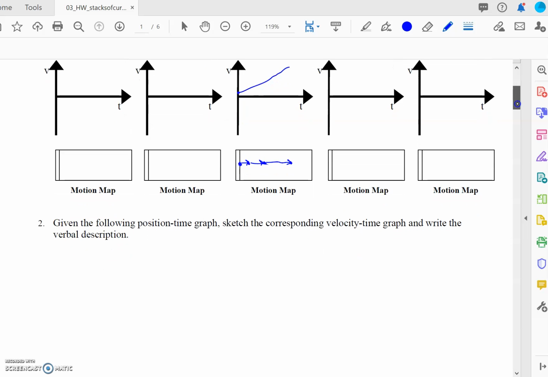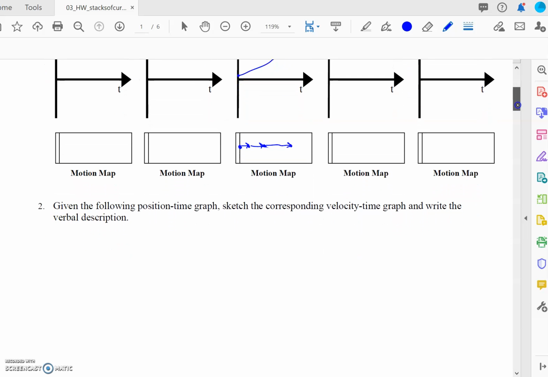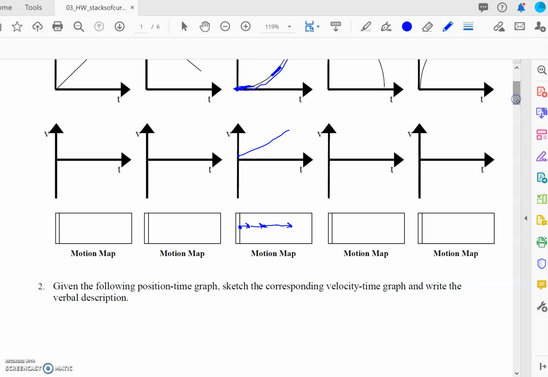In question number 2, it asks us to write the verbal description of this motion. So for number 3, I would start out by saying the object begins at a location of 0.